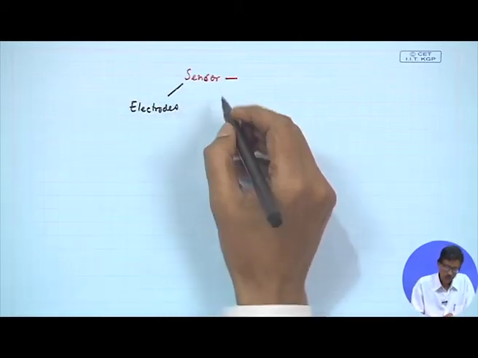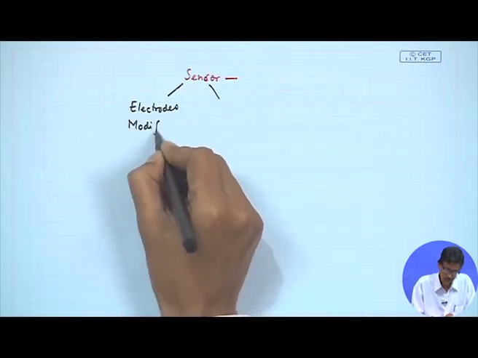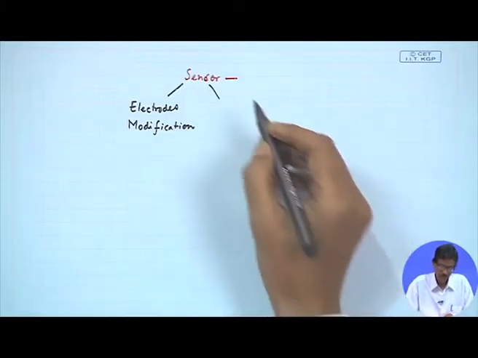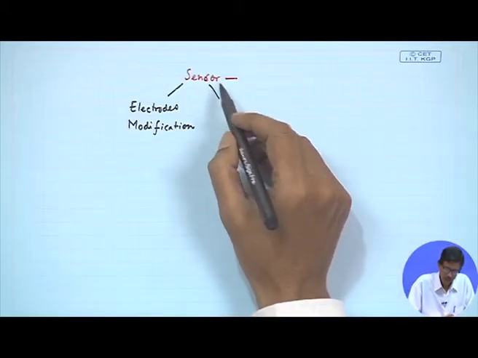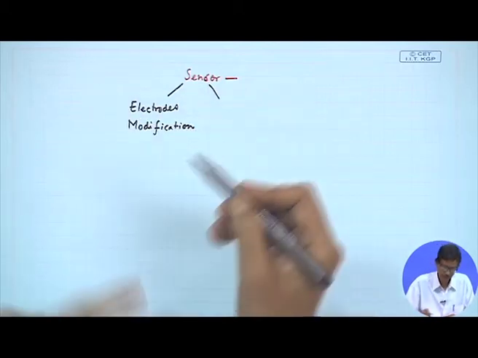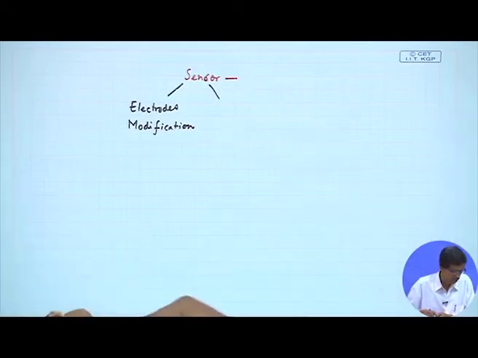How can we develop those? Some modification, covering and other activities can be done on the electrode surface.